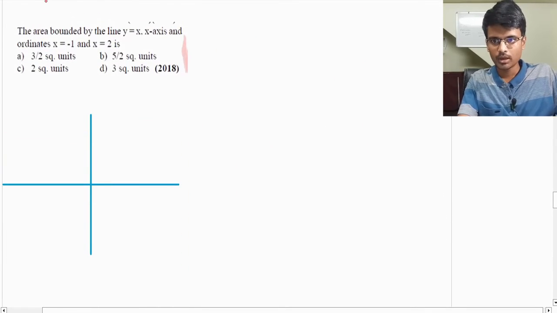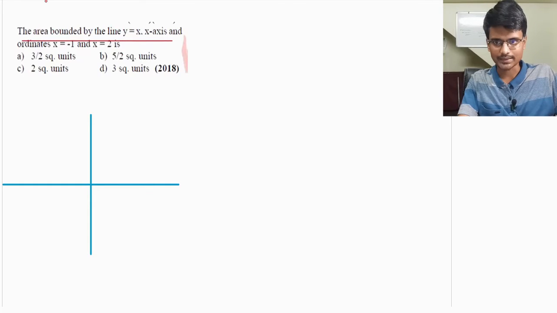Okay, the area bounded by the line y equal to x, the x-axis, and the ordinates x equal to -1 and x equal to 2. So y equal to x is something like this, right?